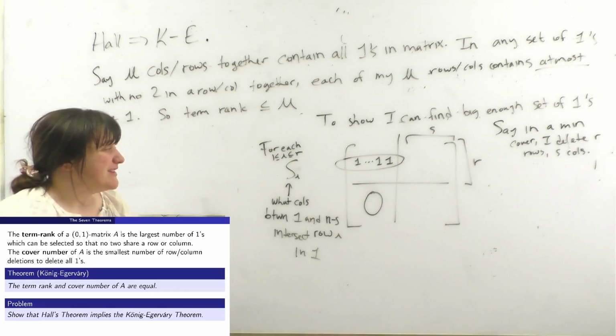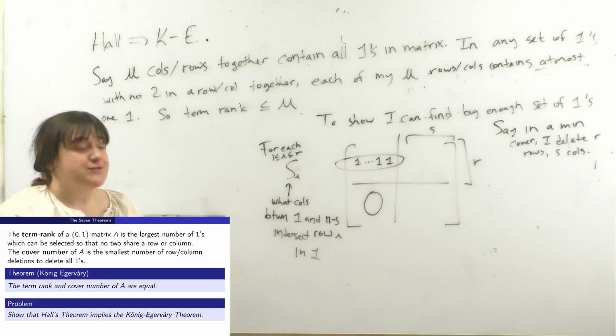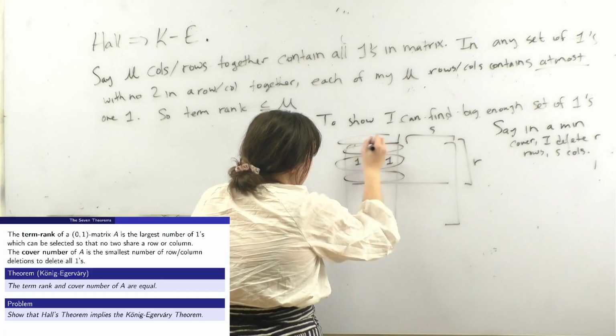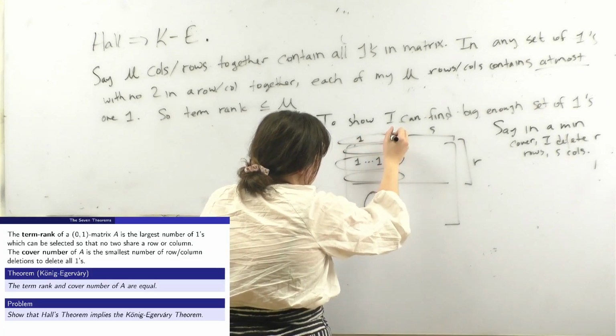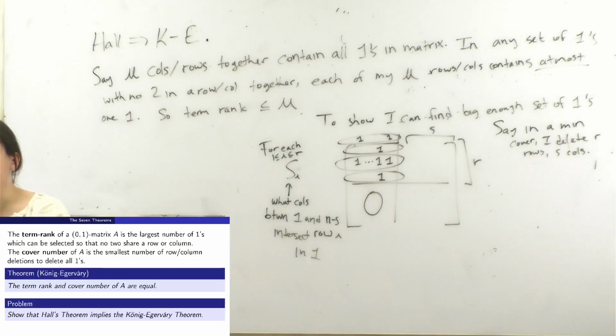Okay, now the S_i need to actually satisfy Hall's condition. Why? If they didn't, I could find some set of k rows. Maybe there's, say, 4 rows, and the union of these indices where they see ones in those columns is, say, 3. Well, what could I do? I'm assuming that these R rows and S columns I chose make kind of a minimal cover of these ones by rows and columns.